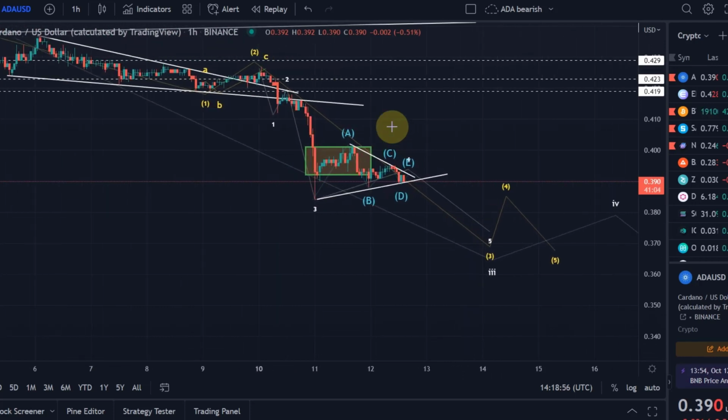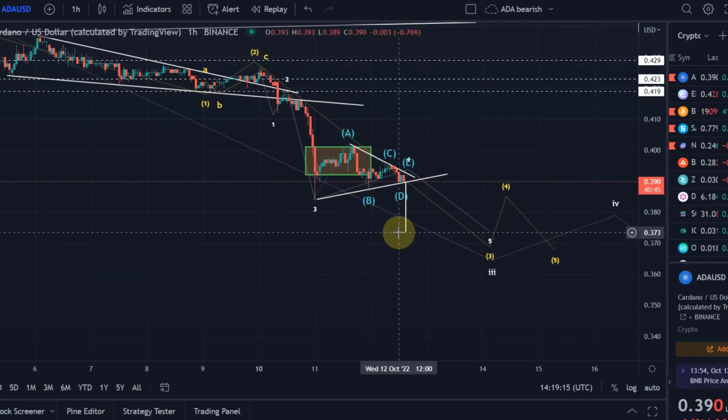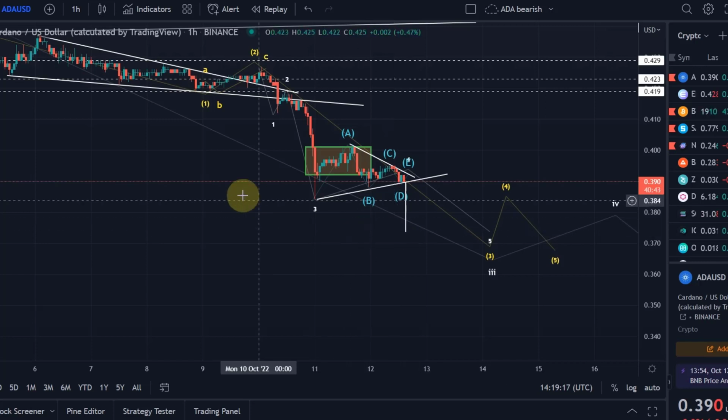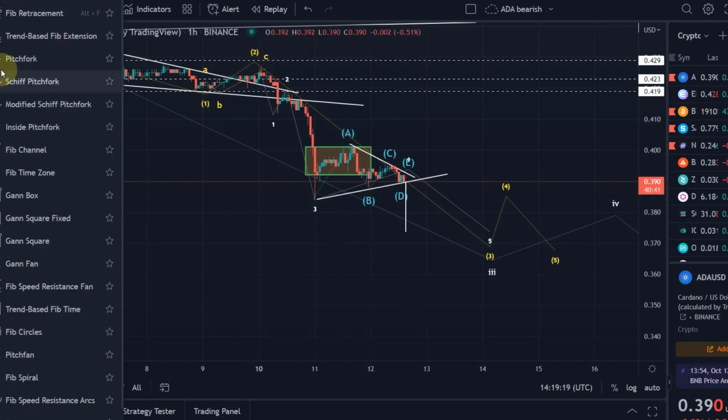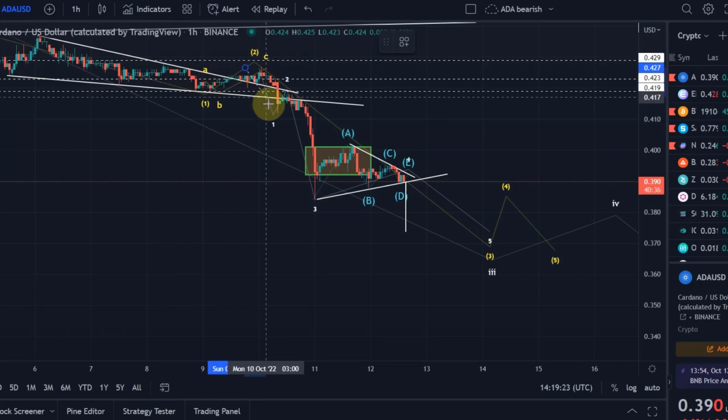If we simply used a very simple way of calculating that target after a breakout, because we haven't broken out of the triangle yet, what you would typically do is take roughly the height of the triangle and add it to a possible breakout point, which would basically be here. So the downside target would take us to around 37.4 cents.